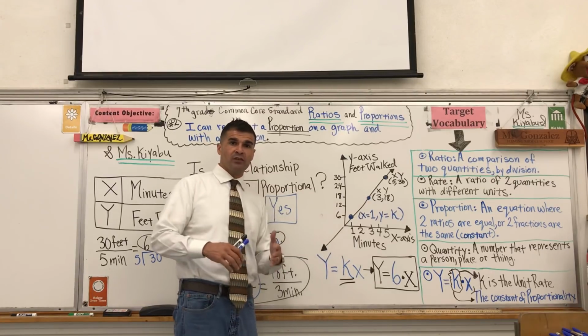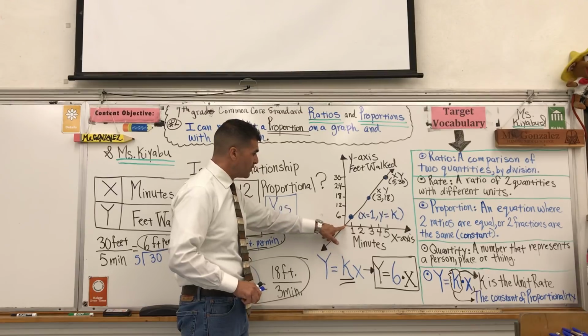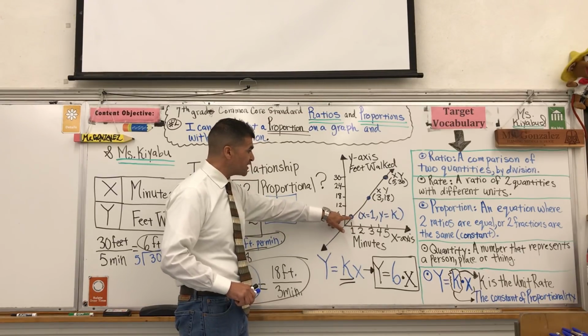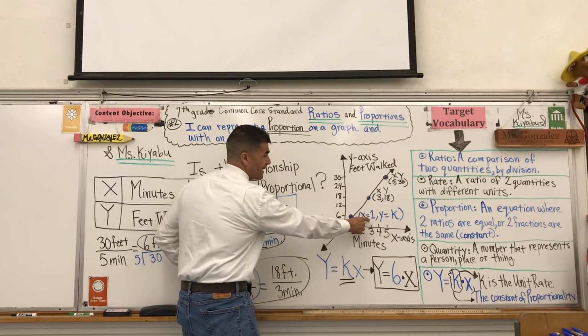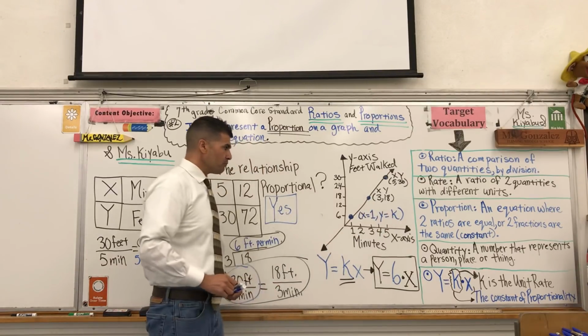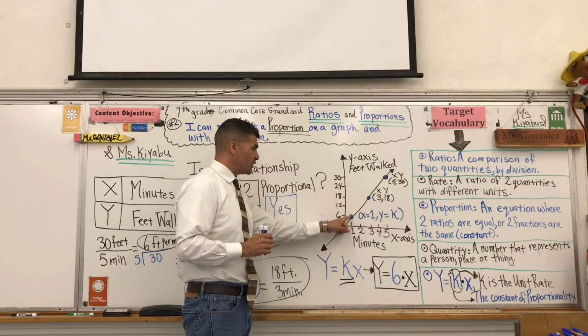See, because that's what the word unit means, 1. So we go back to our graph and we go 1 minute to the right, and I look at where this point is. This point is where x is equal to 1 minute, and this y number is k. Well, whatever that y number is, that's the unit rate.